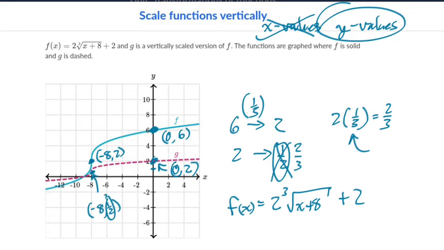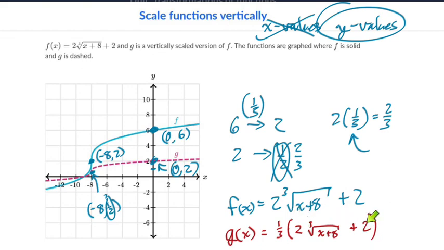You're right. So g would look like this. G, and then we have a 1/3 multiplying the operator. So we had 2 times the third root of x plus 8, and then we have the plus 2. But it's not just that. It's the whole function. It's not just the first one.